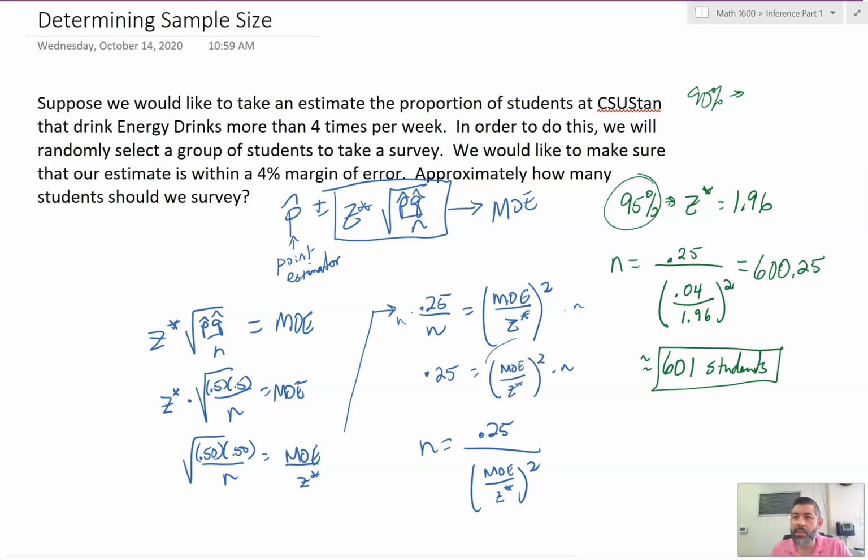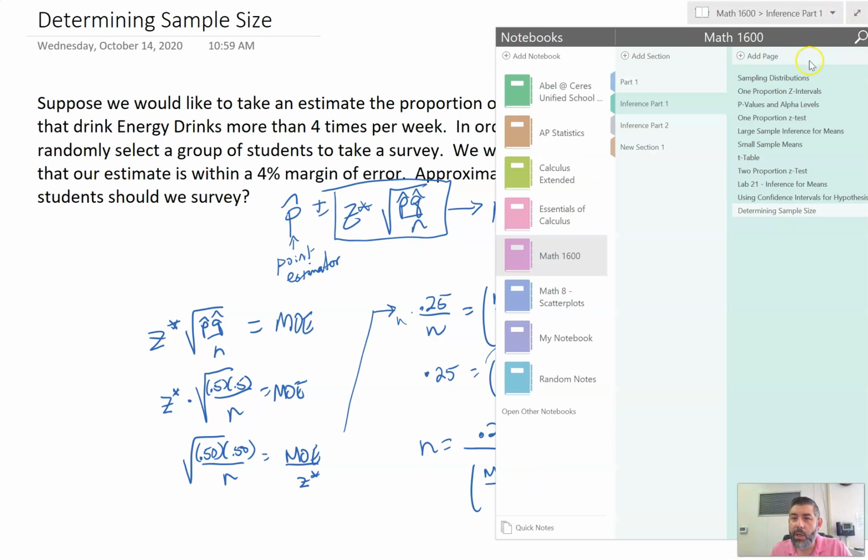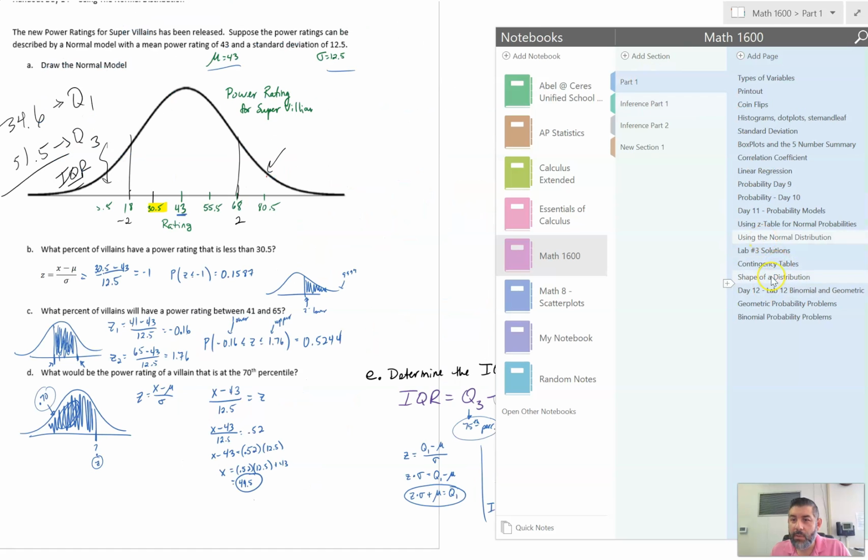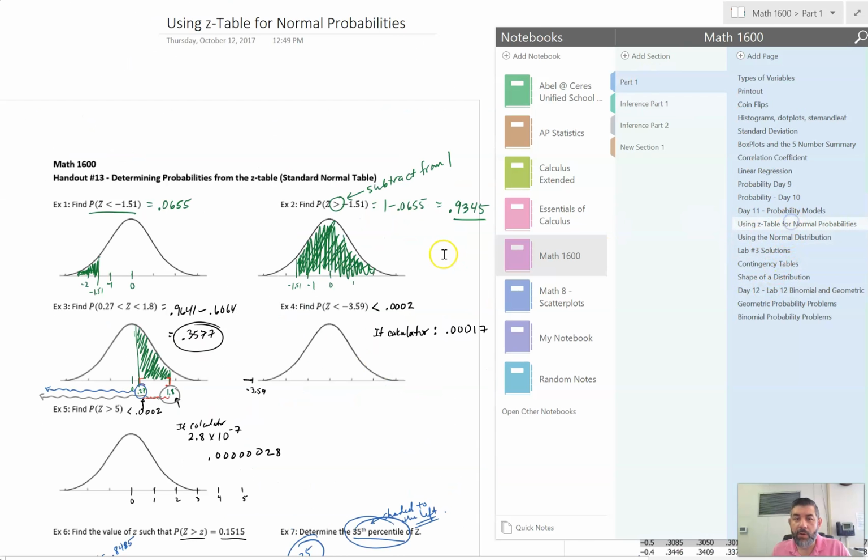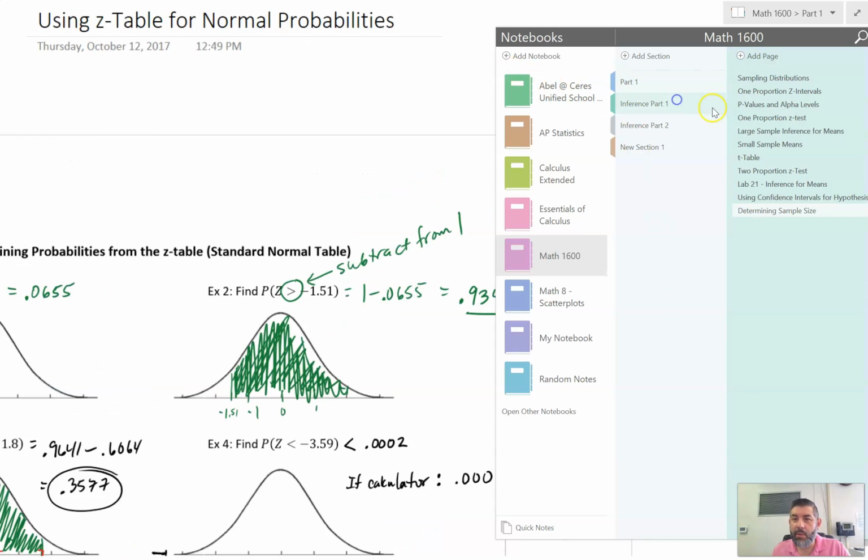And just real quick, because I don't know if I went over this before, let me see if I have a Z table here. I don't see my Z table. Maybe it's over here. There we go. So actually, it's on the T table.